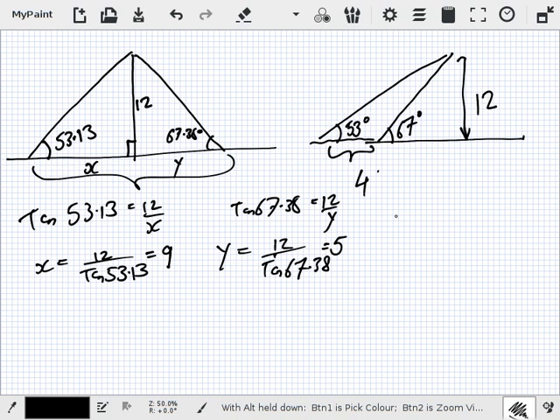Right. Got your scissors there. And then just rub it on. There we go.